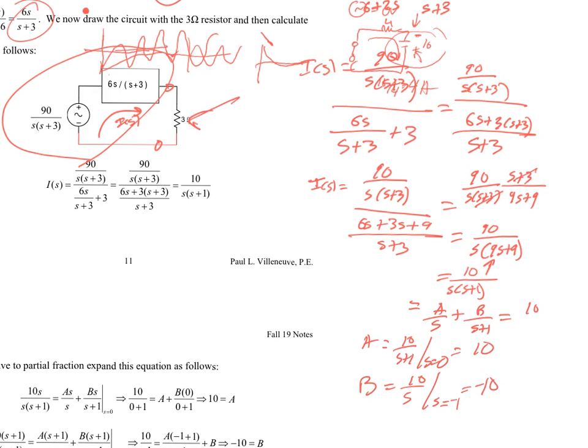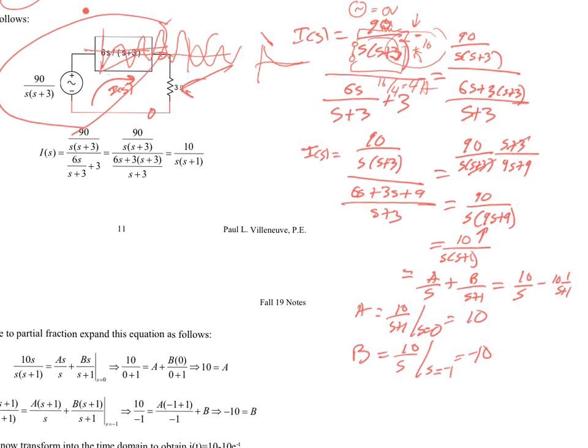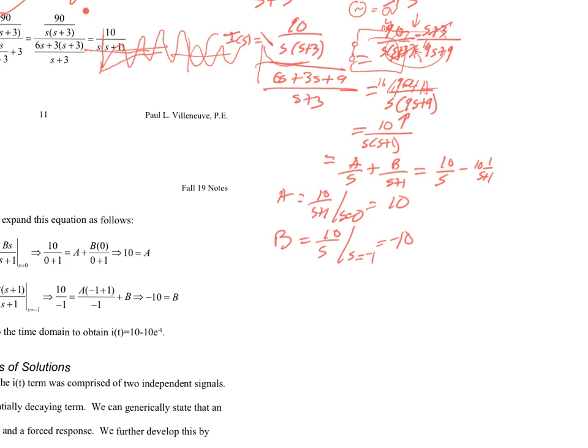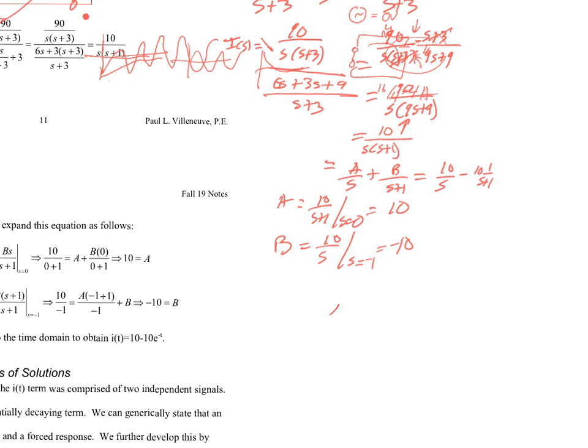So that's going to be 10 over s minus 10 times 1 over s plus 1, our partially expanded term there. So my I of t is 10, which is a constant, minus 10 e to the minus 1t.